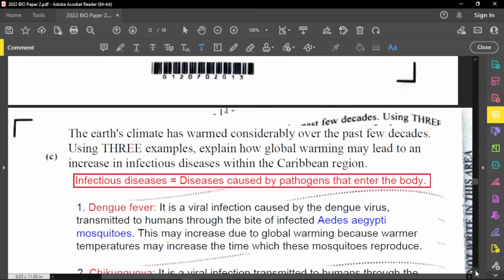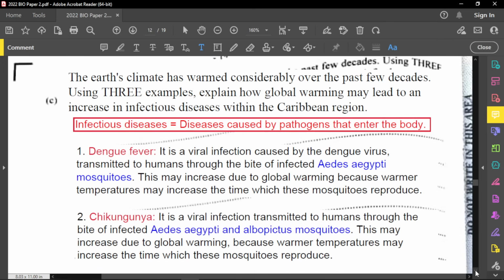A point to note about infectious diseases is that they are diseases caused by pathogens that enter the body. Once pathogens enter the body, that's called an infectious disease. So with an increase in temperature to a considerable amount, these are some of the possibilities, because I'm using 3 examples. Look, dengue fever is one. And just to give some additional information as I go along, it's more than what is required, to be honest with you.